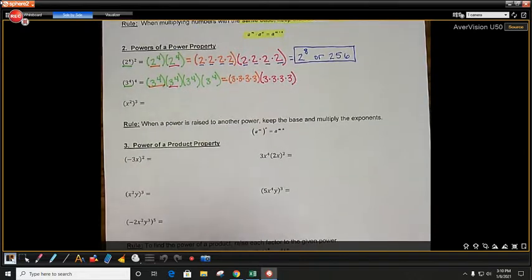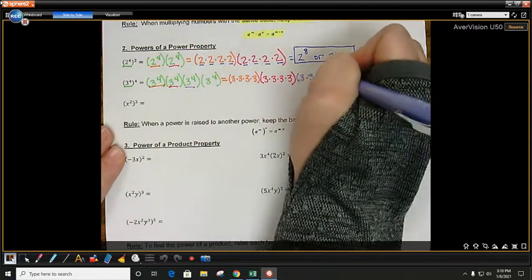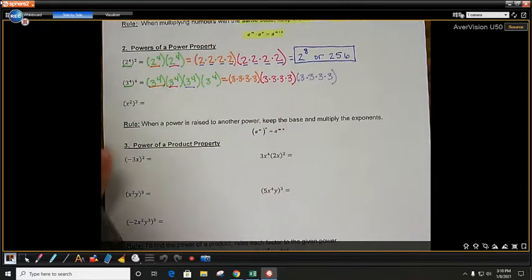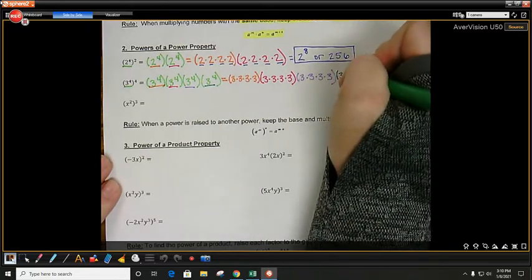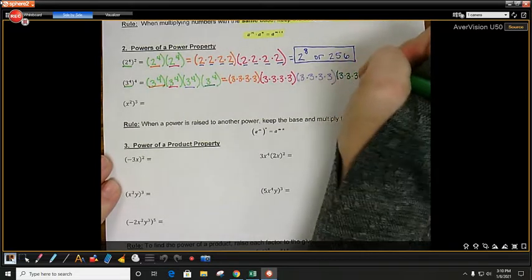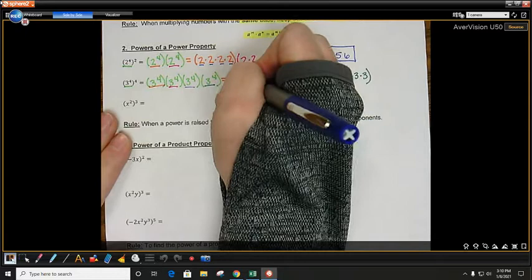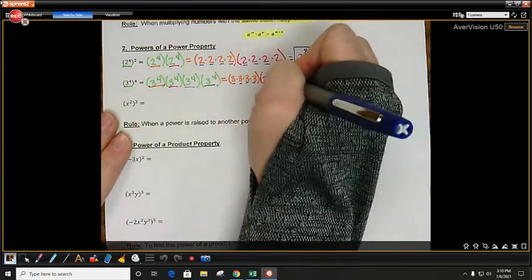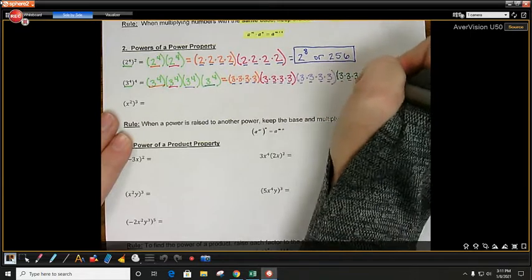3 to the 4th means 3 4 times. And then, last but not least, 3 to the 4th means 3 4 times. So now I'm done expanding, and now I'm going to count them up. I have 1, 2, 3, 4, 5, 6, 7, 8, 9, 10, 11, 12, 13, 14, 15, 16 threes.